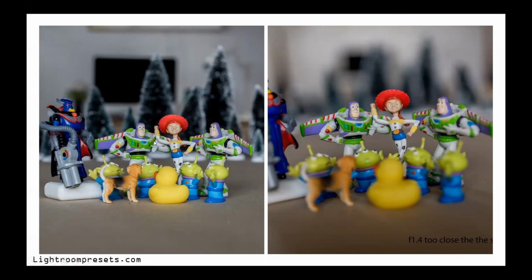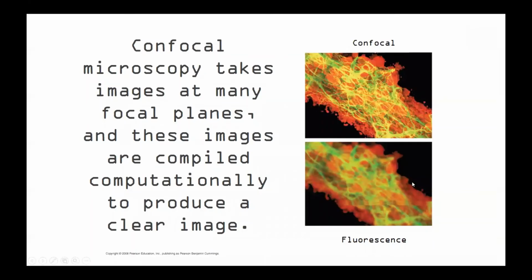Once this is complete, a computer will actually put these images back together so that it looks clear. So this is actually just the result of taking lots and lots and lots of pictures progressively down through the sample. So this is a really good way to get a clear image.